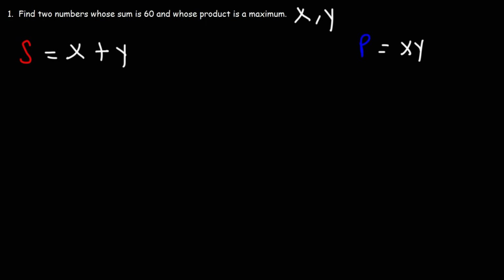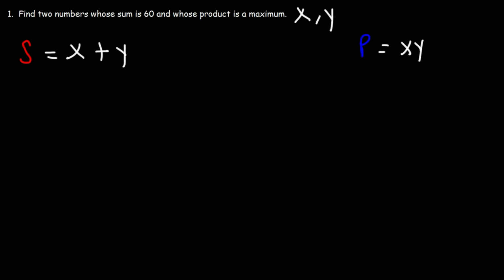Now here's a question for you. Which of these two equations would you say is the constraint equation, and which one is the objective function? The constraint equation is equal to a number, a fixed value. The objective function, it can vary. That's what we're trying to maximize or minimize.